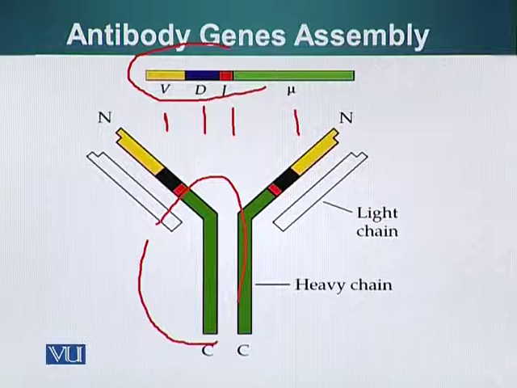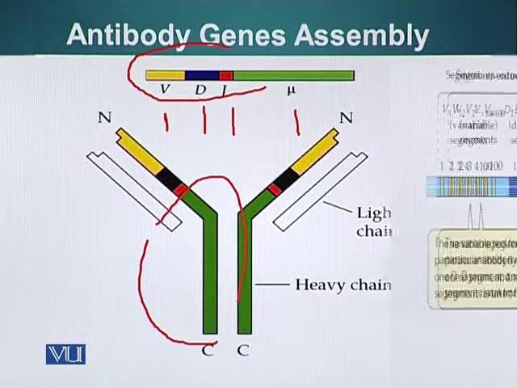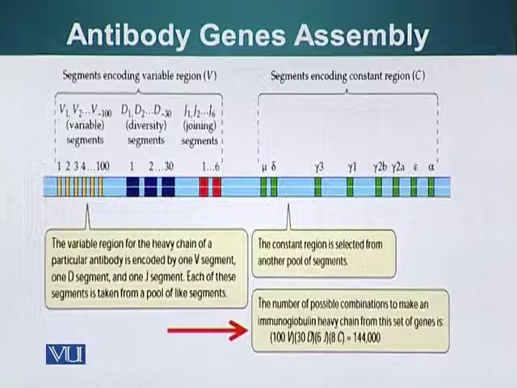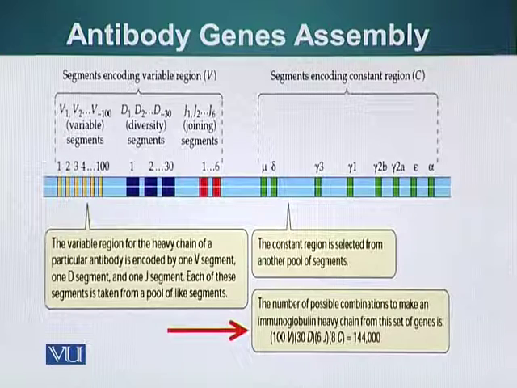So the way it works is that our genes that code antibodies are fragmented and there's a pool of these genes, and our B cells randomly select certain segments and join them together. For example, for our V region, there are 100 different segments.